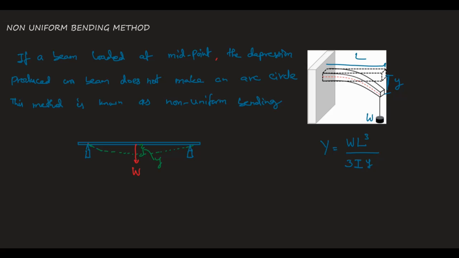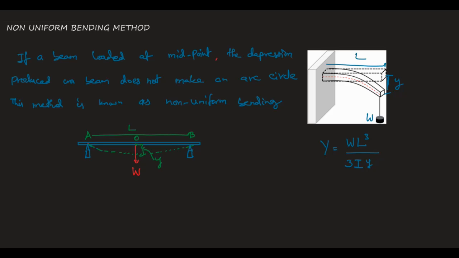Now watch that. I am going to pick a point, this is A and this is B. The length between A and B is L. The middle point I will call O, the midpoint of the beam.